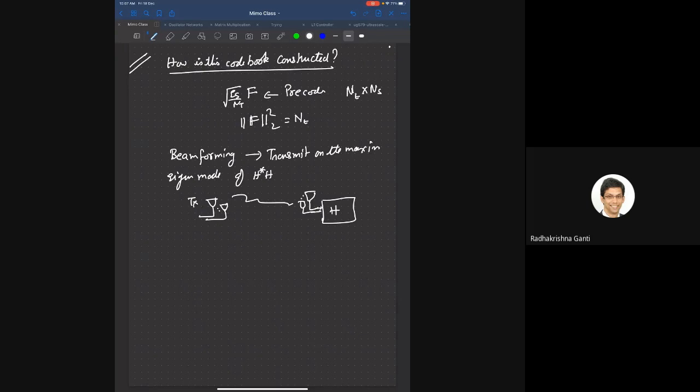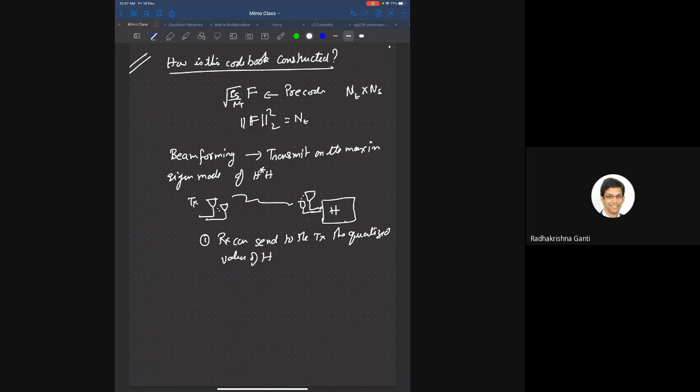There are two things it can do. One case is the Rx can send to the Tx the quantized values of H. Once it sends the quantized values of H to the Tx, the Tx can compute H star H, then compute the maximum eigenvector, and use that for its precoding.